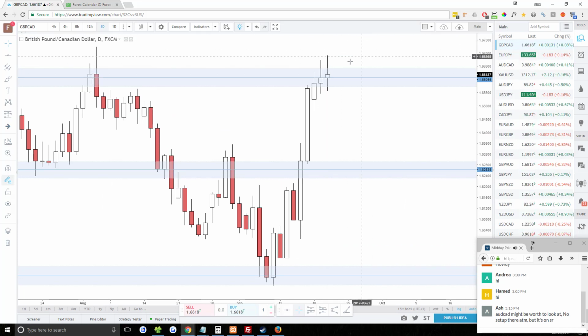If it closes as it is now, I'd probably be looking to place an entry down around about the 1.6550. So what I'm waiting for is this daily candle here to close. Then I'm going to place my entry at around 1.6550. I'm not entering on the 4-hour chart.